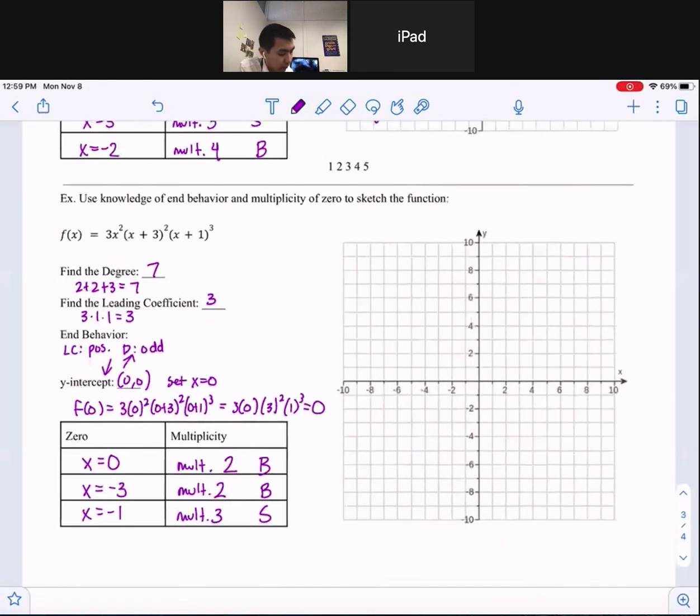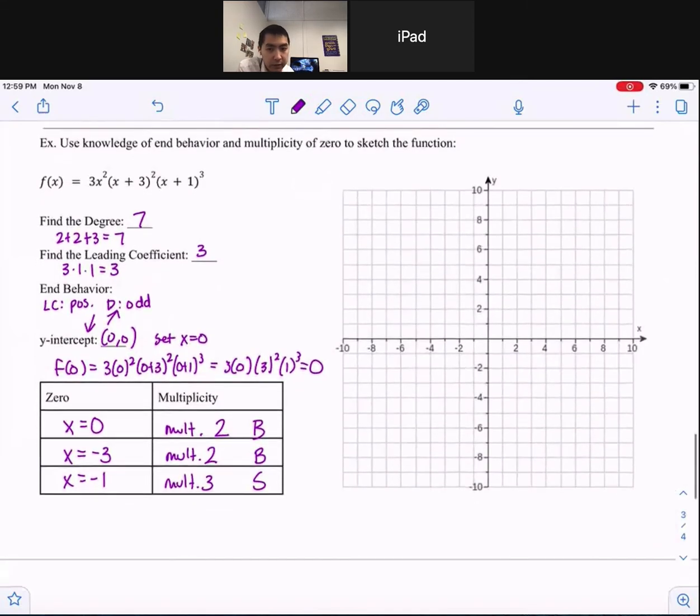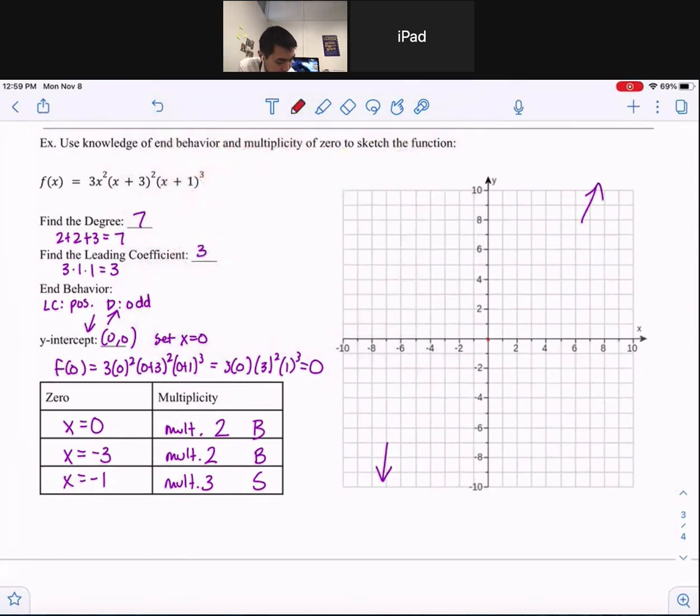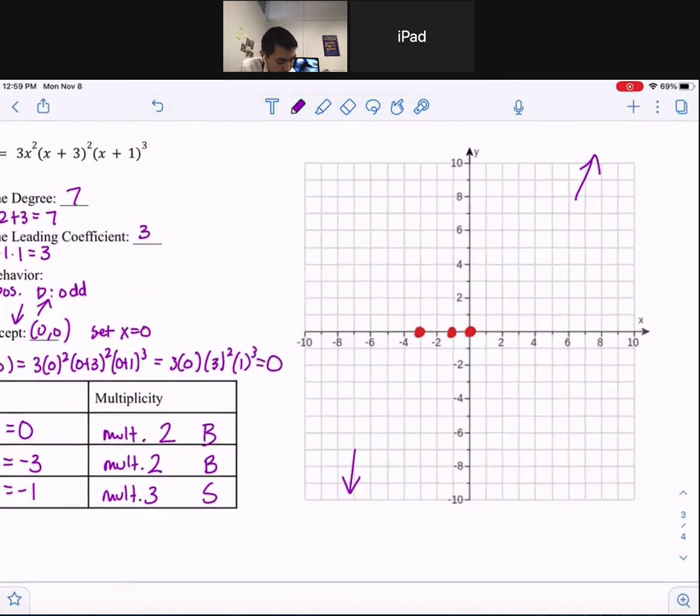So we have everything we need in order to graph this. Down arrow, and then an up arrow, and then graph your zeros at x equals 0, x equals -1, and x equals -3. So let's go.